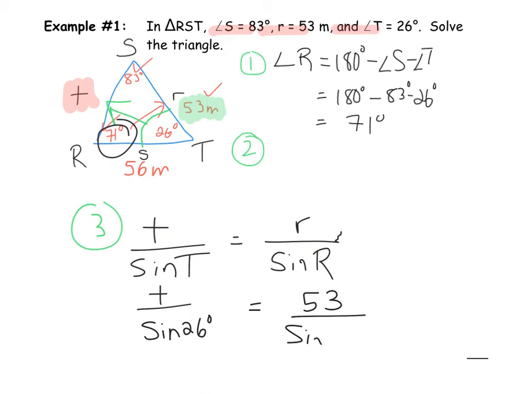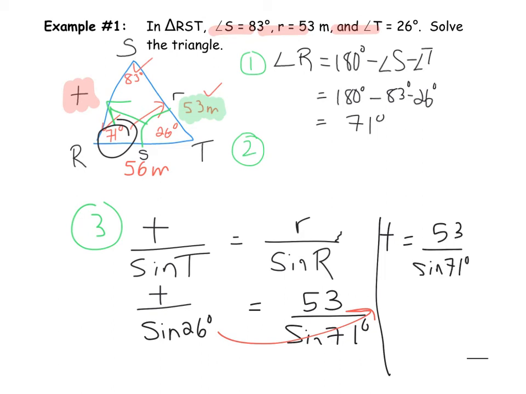sine of 71 degrees. So again, I'm going to isolate my t by bringing my sine 26 upstairs, and that will give me t is equal to 53 over sine 71 degrees times sine of 26 degrees.